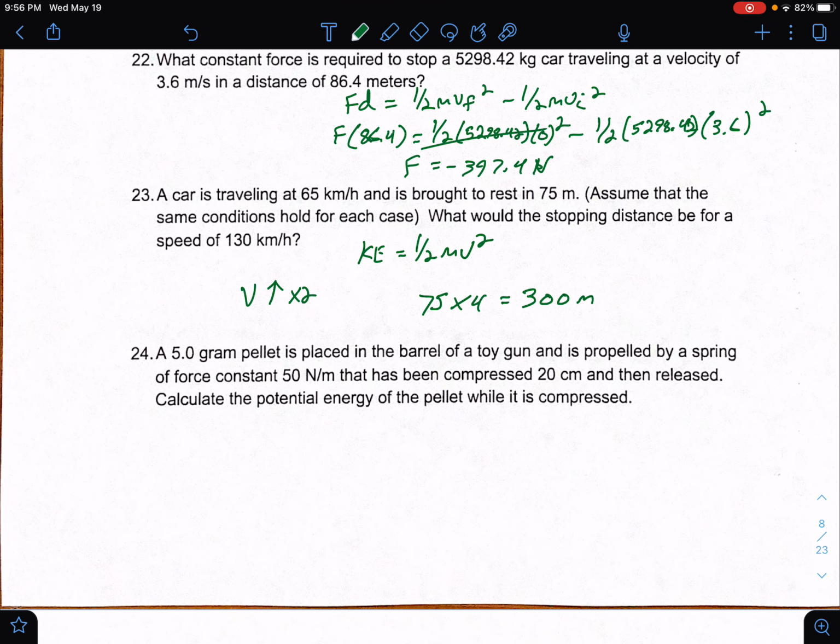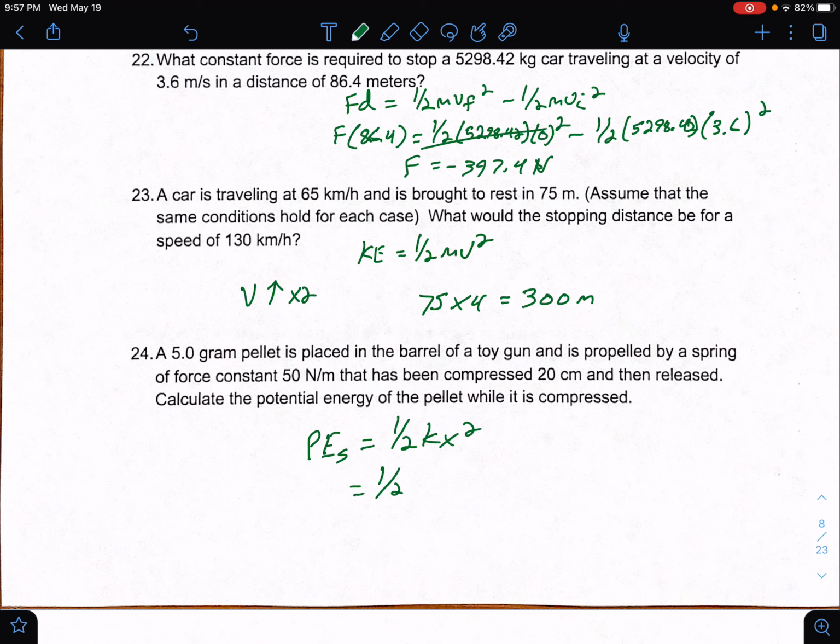A 5-kilogram pellet is placed in a barrel of a toy gun and is propelled by a spring of a force constant of 50 newton meters that is compressed 20 centimeters and then released. What is the potential energy of the pellet while it's compressed? Okay, so potential energy of a spring is PES equals 1/2 kx squared.